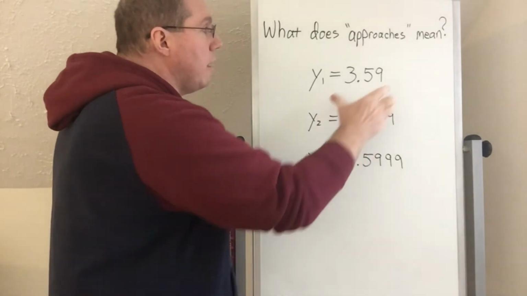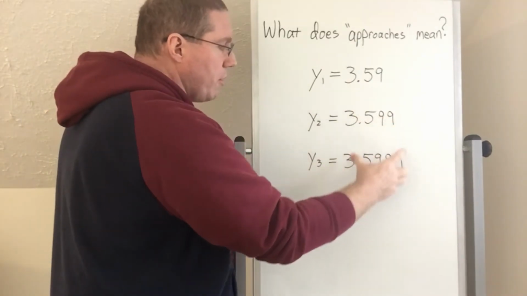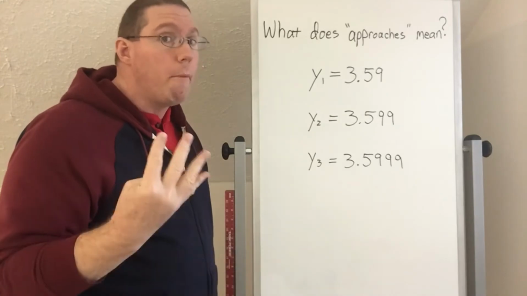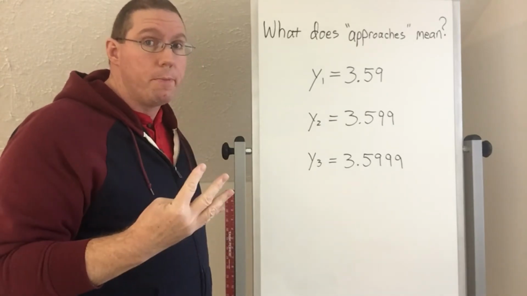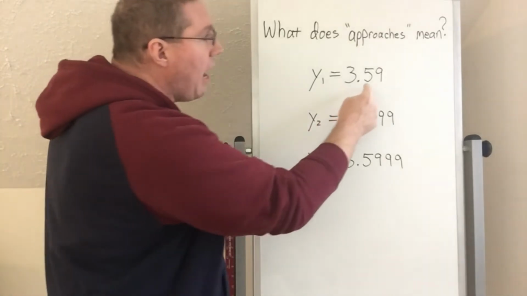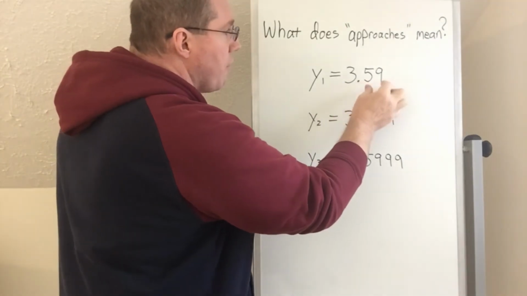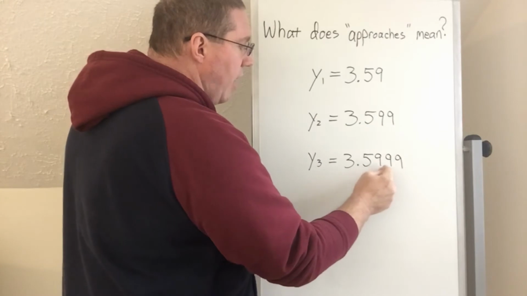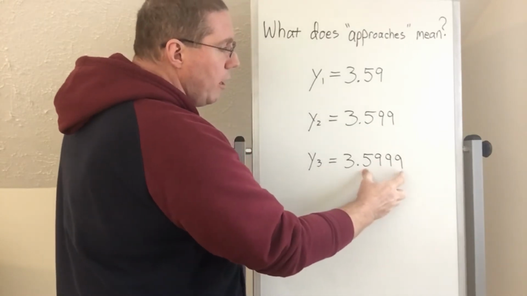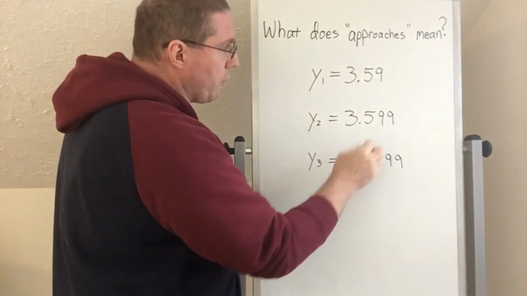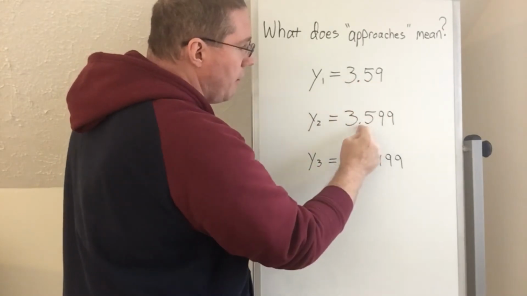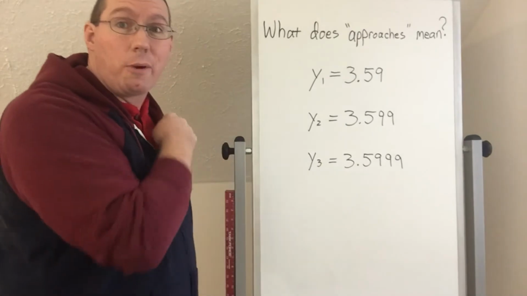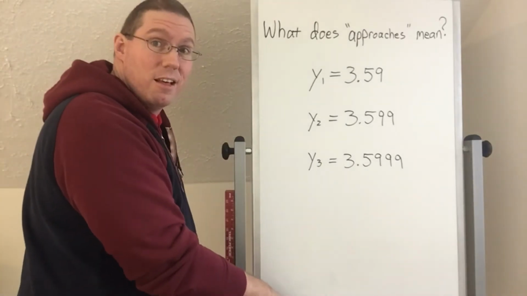Now, you might think that because the numbers are at 3 point something and we're getting larger, that we're getting closer to 4. But we are not getting closer to 4. The key here, notice that this 5 is not changing. It's 59, 599, then 5999, right? Ignore the 3 just for a second, and if we have 0.59, then 0.599, then 0.5999, it looks to me like we're getting closer to 0.6, right?